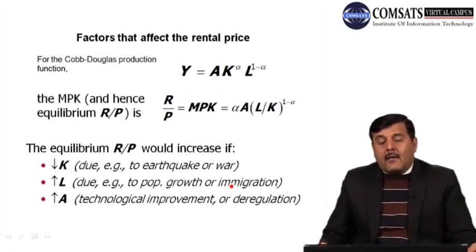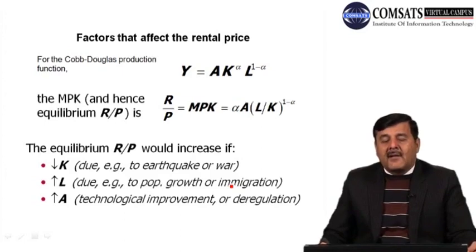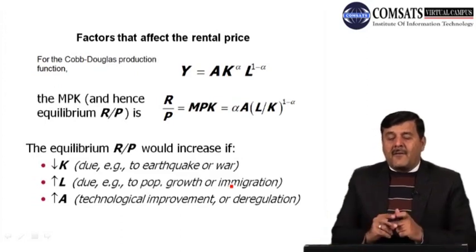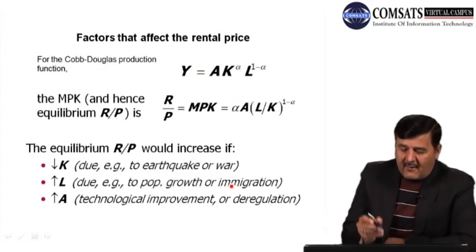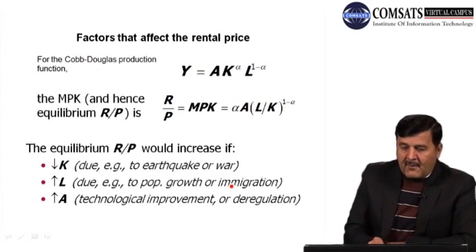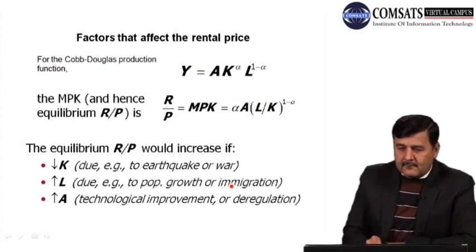Now the marginal productivity of the capital is basically equal to the real rental price of the capital. Now if we take the derivative of the production function, हमारे पास production function क्या है? This is the production function.